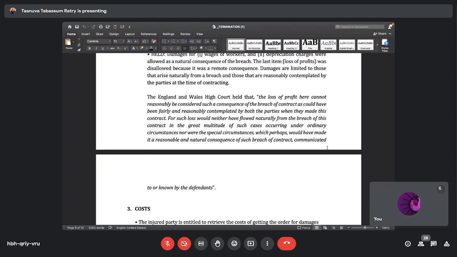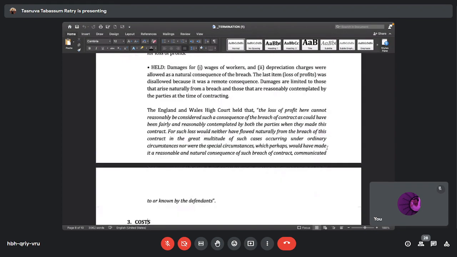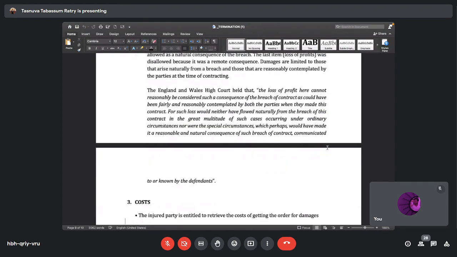It is not a loss which flowed naturally from the breach, or in the great multitude of such cases occurring under ordinary circumstances, nor where special circumstances would have made it a reasonable and natural consequence of a breach of contract. As a result, the loss of profits, the last item that was claimed by the claimant, was disallowed because it was considered not a natural consequence of the breach.